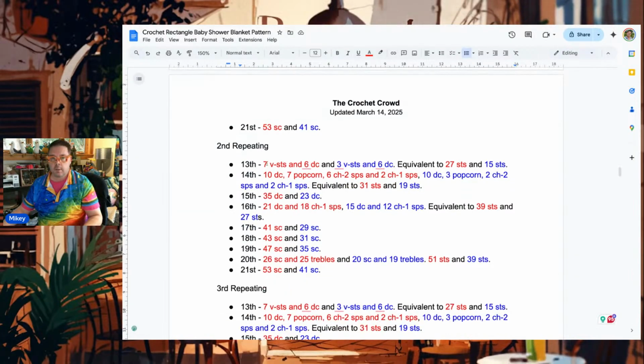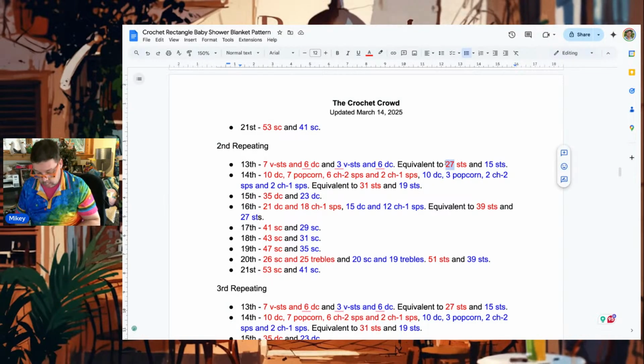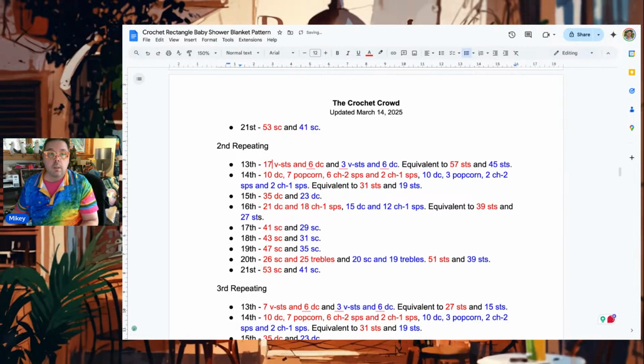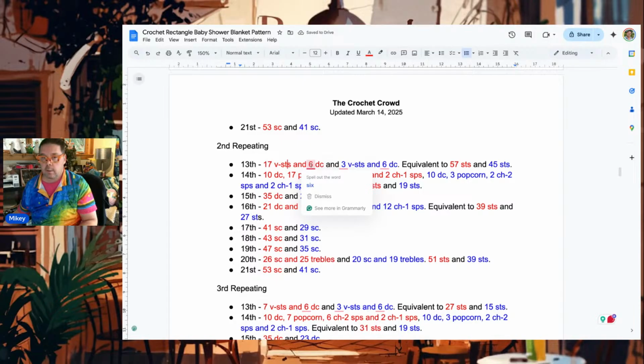Okay, so second. So we know the 13th is 57 and 45. And in these stitches, there was 17 popcorn. 6 double crochet is going to be the same.